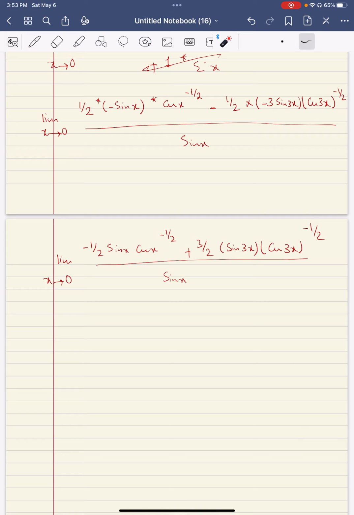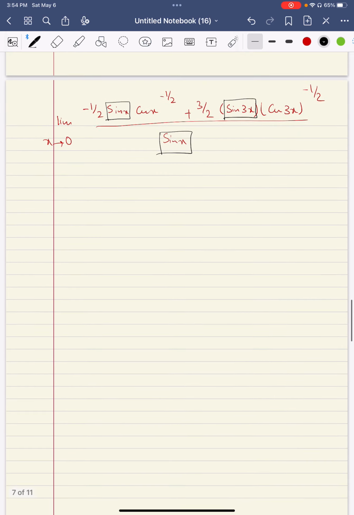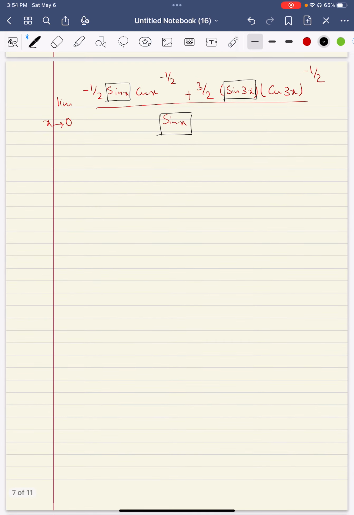So right now, if we take a look at the problem, we have a sine x in the numerator, a sine 3x in the numerator, and a sine x in the denominator. I want to cancel out these sines.